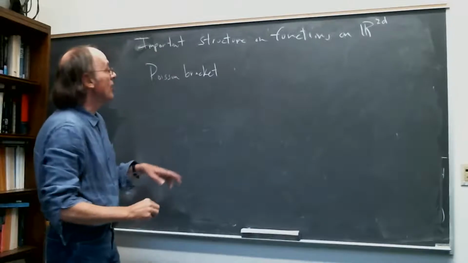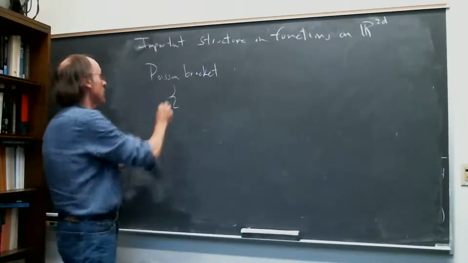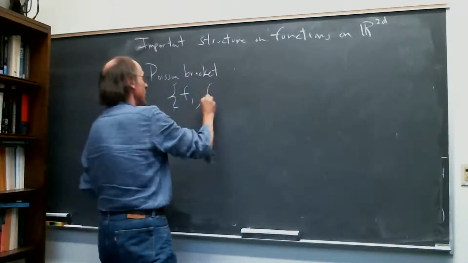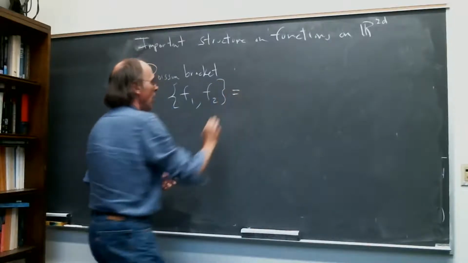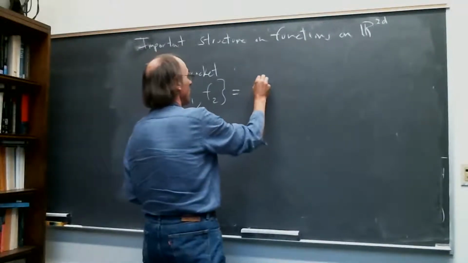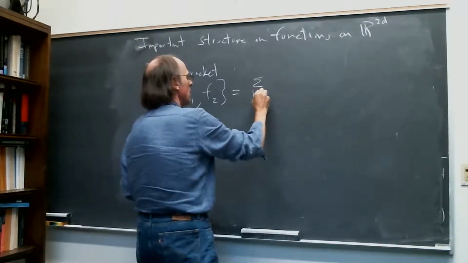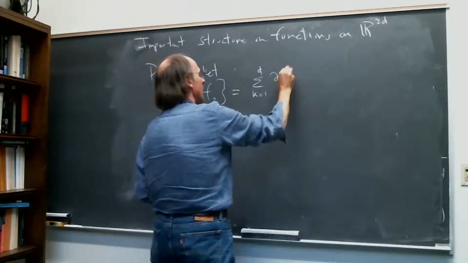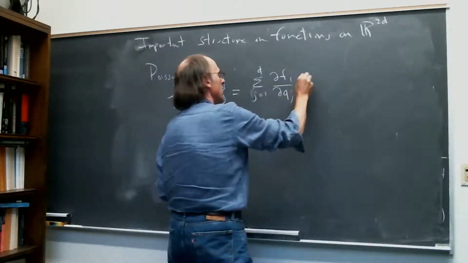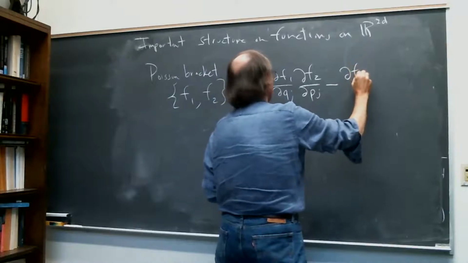The standard thing to do is to write it with a curly bracket, and if you have one function of the q's and p's and another function of the q's and p's, you produce a third function of the q's and p's by this funny formula: the sum from j equal to 1 to d of df1/dq_j times df2/dp_j minus df1/dp_j times df2/dq_j.